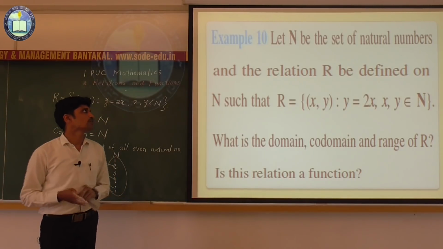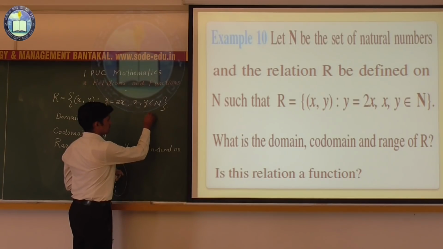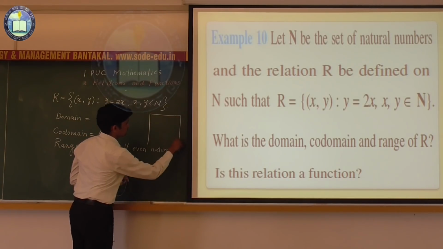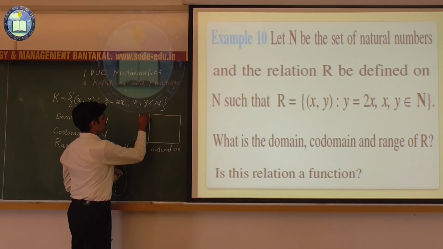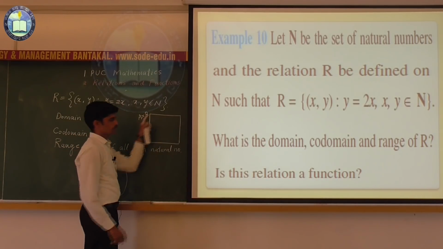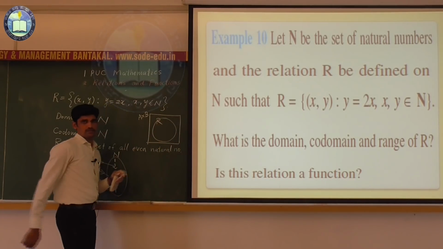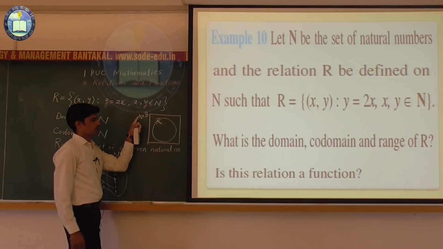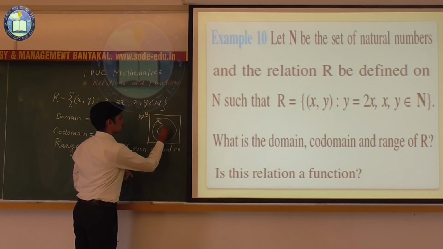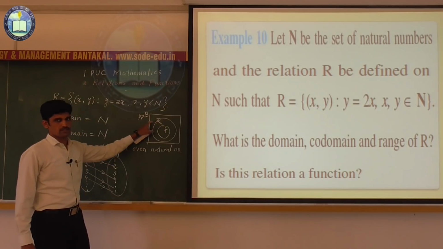This is about the function, and we can also observe that the Cartesian product of two sets A and B is a set, and a relation is a subset of that. A relation is a subset of the Cartesian product of two sets, and a function is a subset of relations.